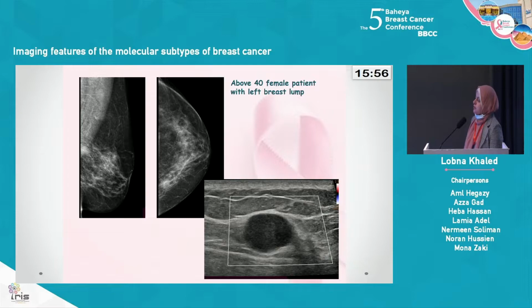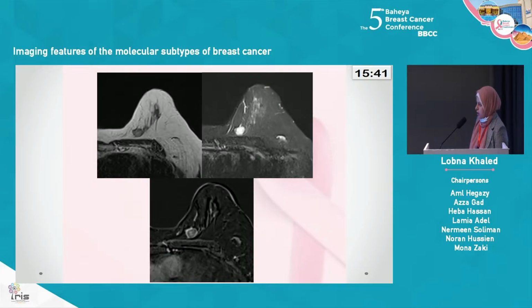First case, mammography showing obscured mass in the upper inner quadrant of the left breast. In ultrasound, there is a corresponding circumscribed hypoechoic mass with posterior acoustic enhancement. In MRI, the mass elicits intermediate signal in T2 weighted images and bright signal with rim enhancement on post-contrast series.